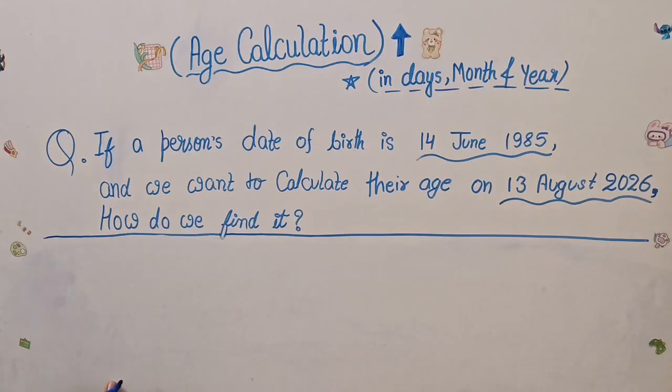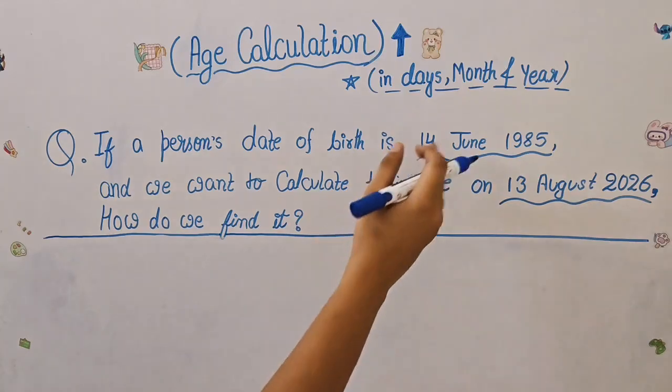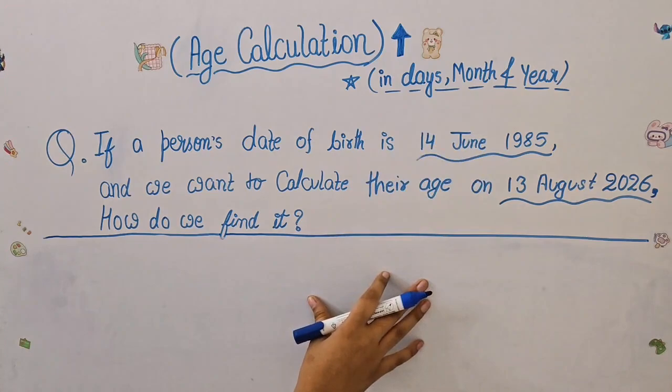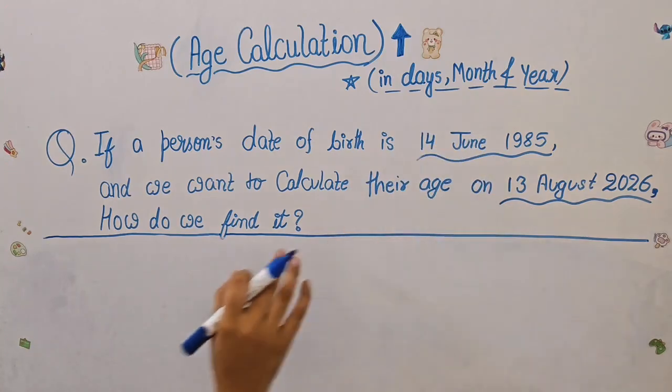First, write the date of birth and the given current date here.